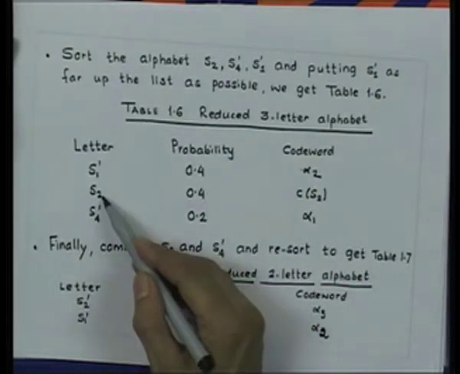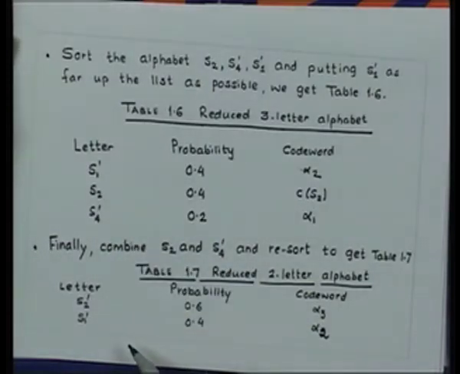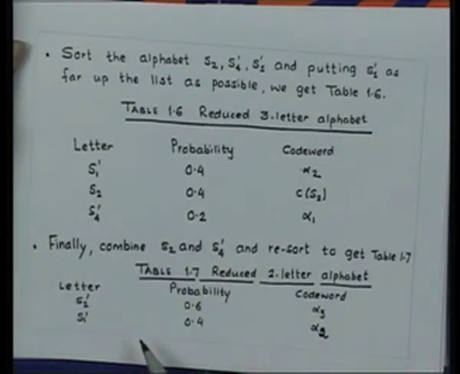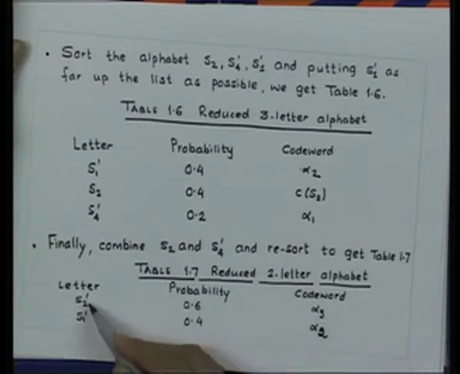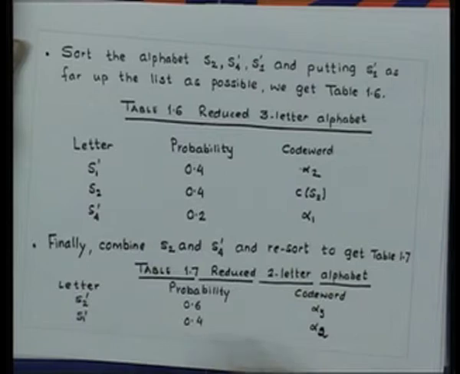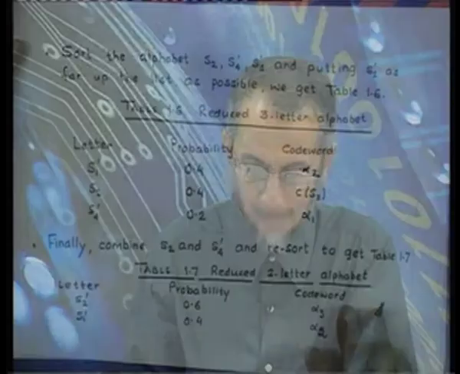Finally we combine S2 and S4 dash to get a new symbol, that is S2 dash, and then I get the reduced 2-letter alphabet, and the code words for S2 dash is alpha 3, S1 dash is alpha 2. For this reduced 2-letter alphabet, the obvious choice for the optimum allotment of the code word is 0 and 1. So I allot alpha 3 as 0 and alpha 2 as 1.